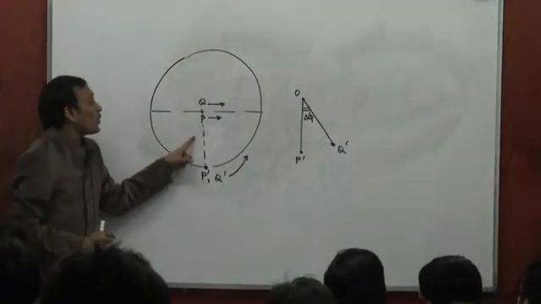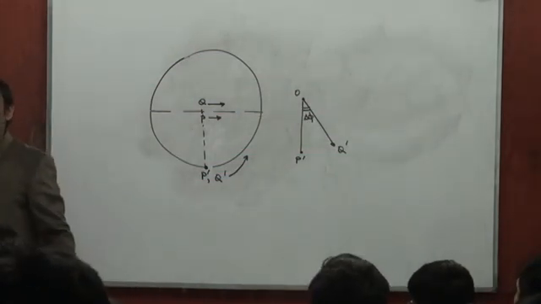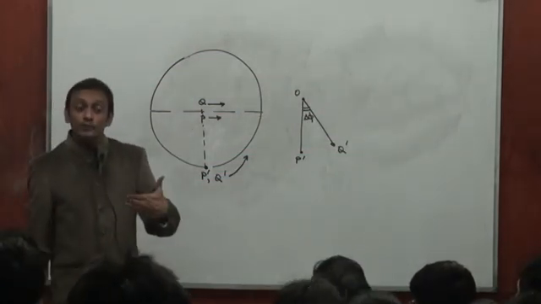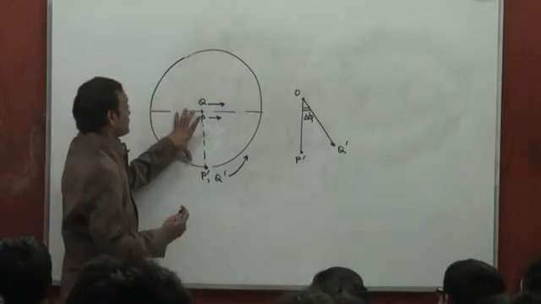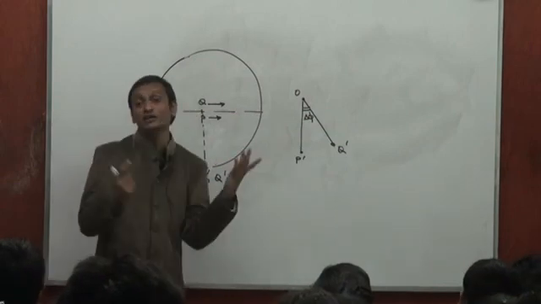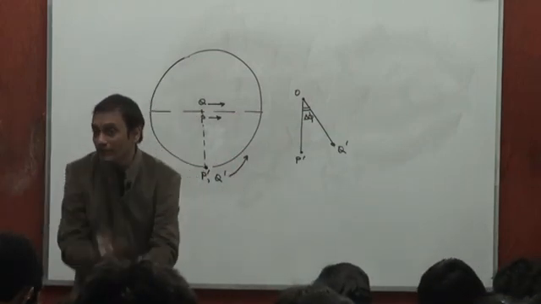But in this case, what's the phase difference between the two oscillators? 0. Do you realize? I could mathematically conceive of the phase difference between the two oscillators P and Q to be 0. Are you all right with this?